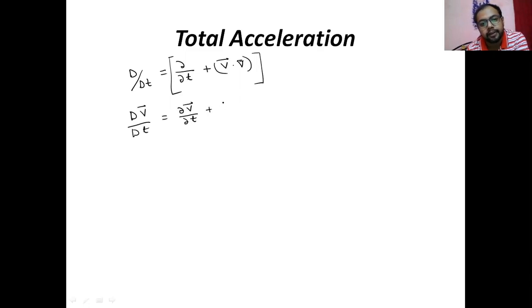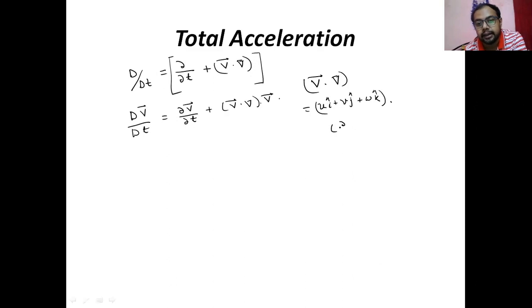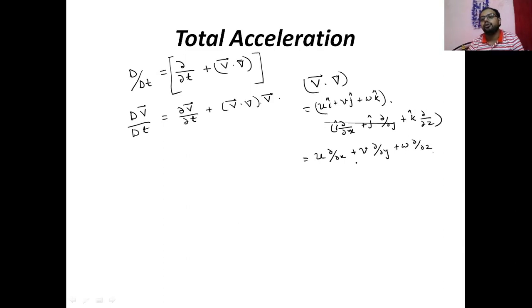The del/del t part gives u, v, w simply, but for V dot del, V is ui plus vj plus wk, dotted with the del operator i d/dx plus j d/dy plus k d/dz. You perform this, it will definitely come u d/dx, v d/dy, w d/dz. Everyone should remember this.